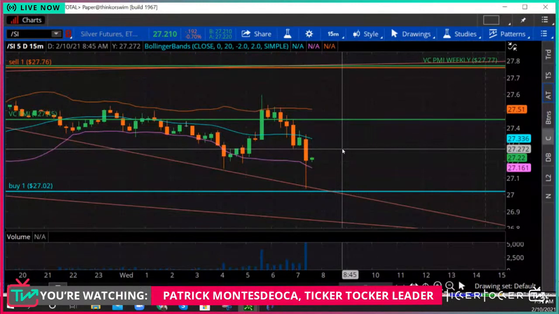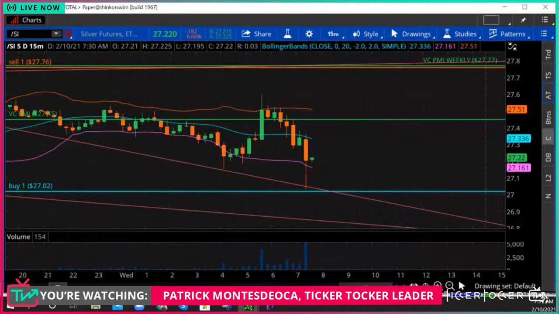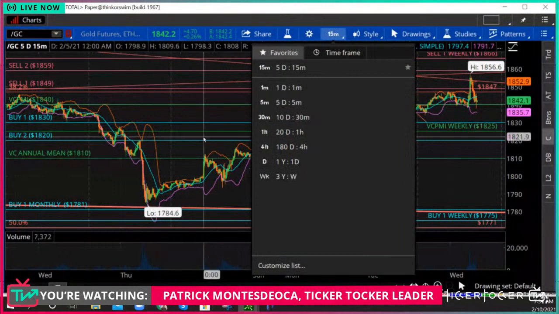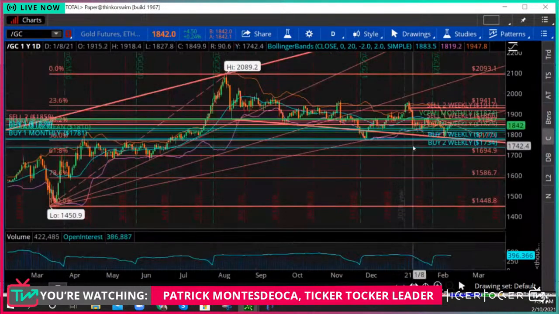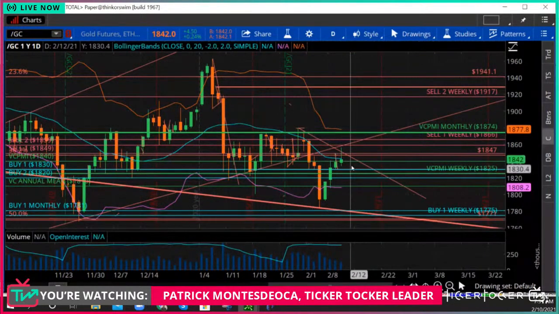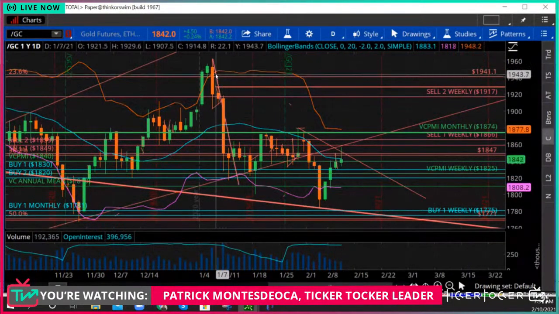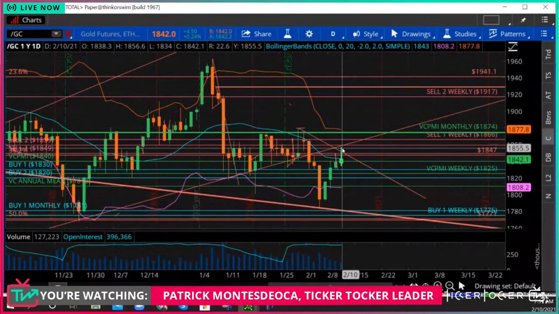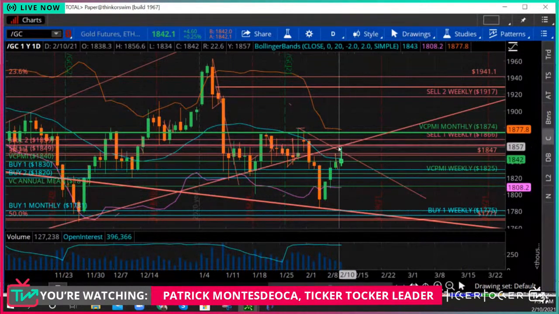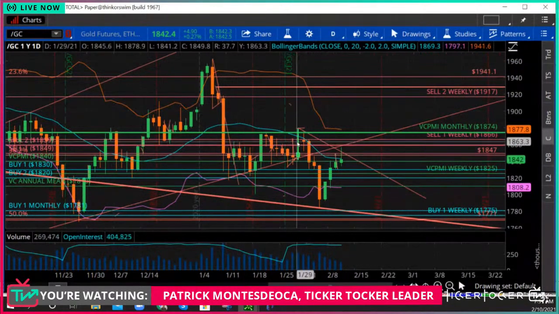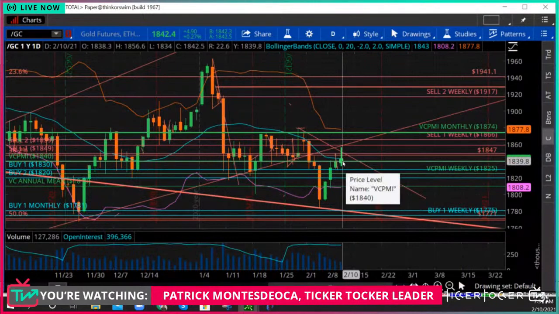The bigger pattern in terms of the market here, which is what I think is unfolding, is that according to Elliott wave principles, this is the completion of what's called the fourth wave, and it's a corrective wave.